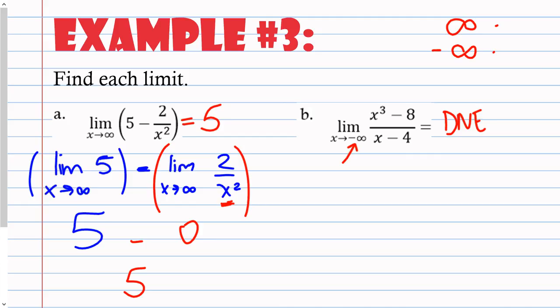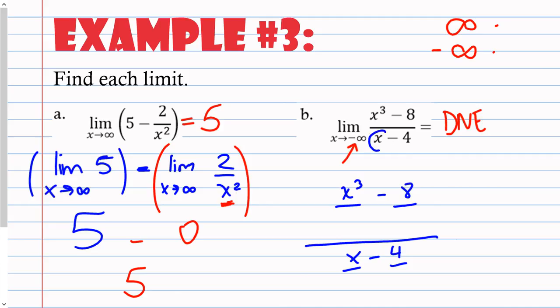And this is how you're going to do that. You're going to do a little bit of algebra. You're going to take the top and the bottom, and you're going to divide by the biggest x term in the denominator.